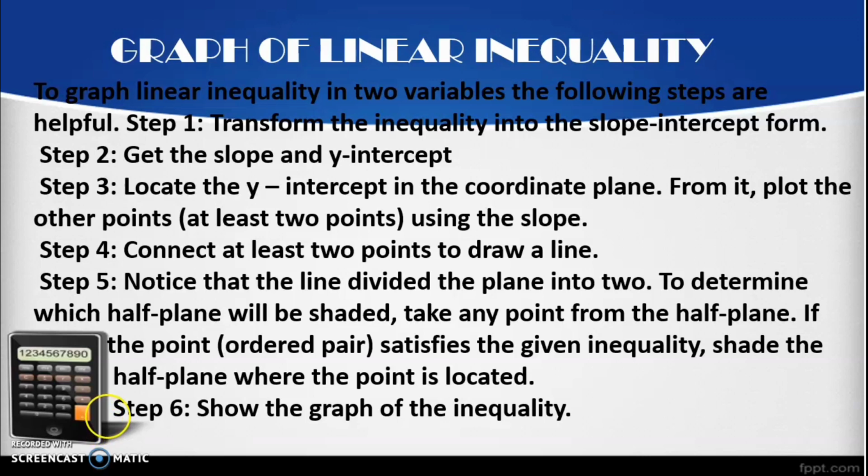Step 2, get the slope and y-intercept. Step 3, locate the y-intercept in the coordinate plane. Uunahin natin ang y-intercept na i-plot sa coordinate plane natin. Then, from the y-intercept, magbibilang tayo para i-plot ang slope natin.